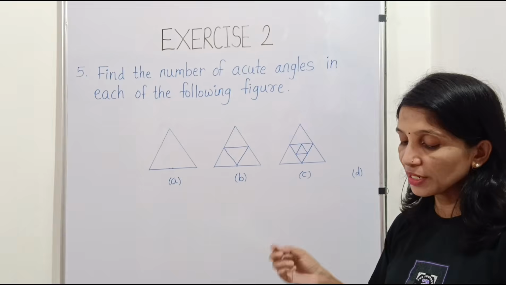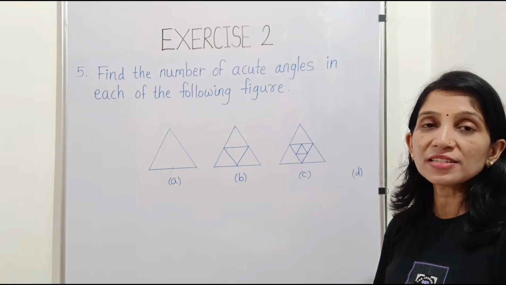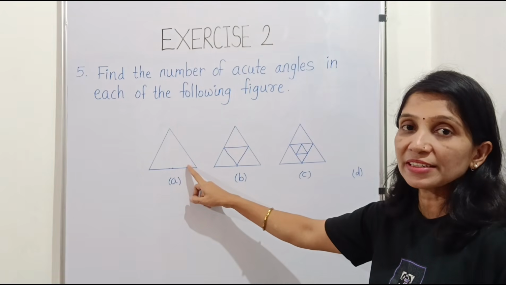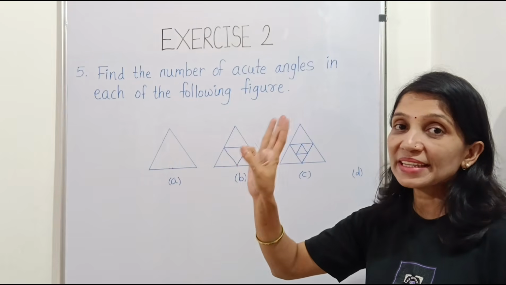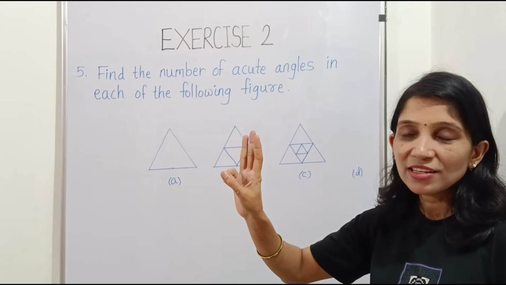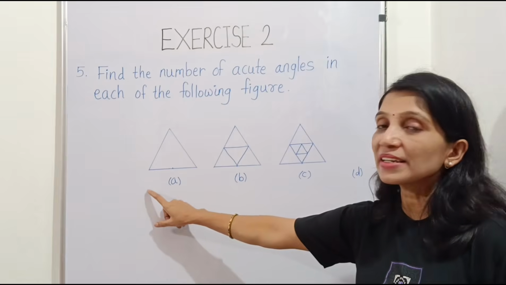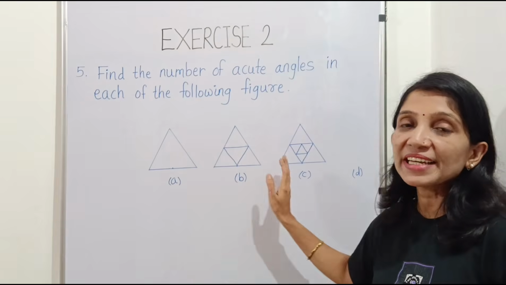What pattern is found in the number of acute angles? This is a single equilateral triangle. So, one triangle has 3 angles. Yes. So, first let's see how many triangles and how many angles we can see in the figure.